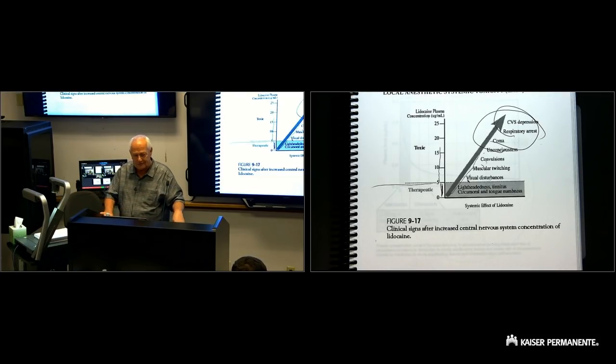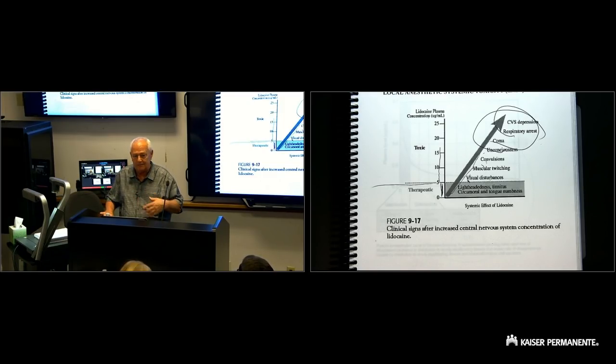It wasn't CNS first, then cardiac, just like we were always taught. These patients went, boom, cardiac arrest. No CNS signs whatsoever. And you resuscitated them and beat on their chest and put them on bypass and did all you could do, and you could not get this drug to leave the heart. So that was a problem.